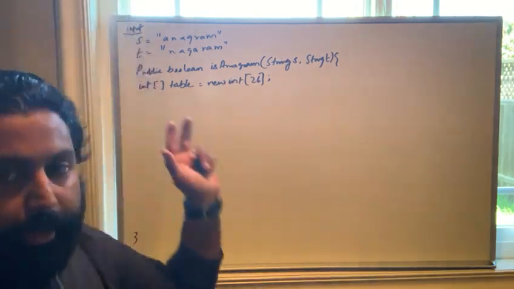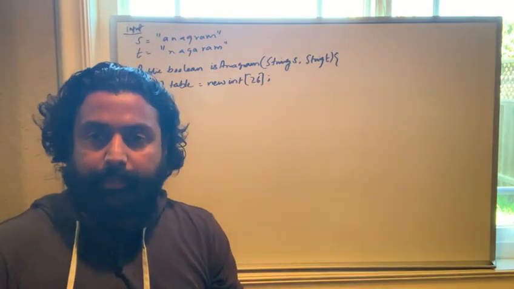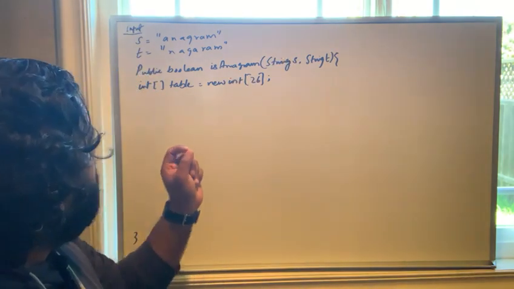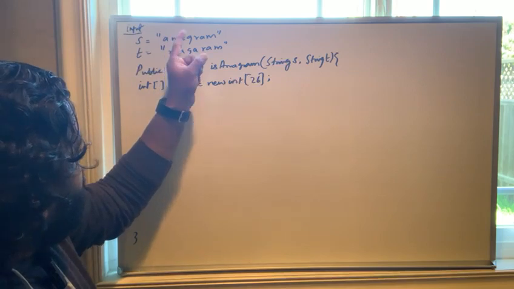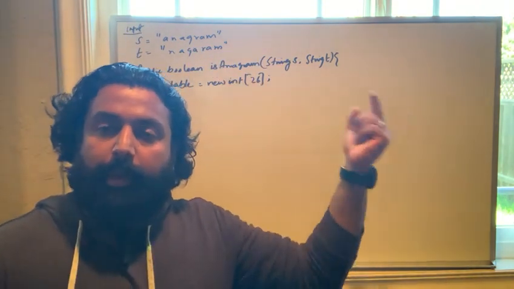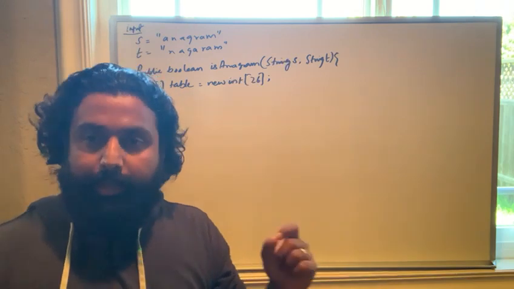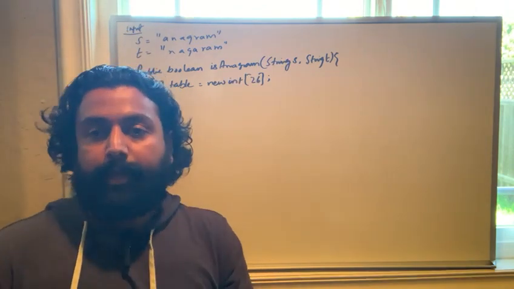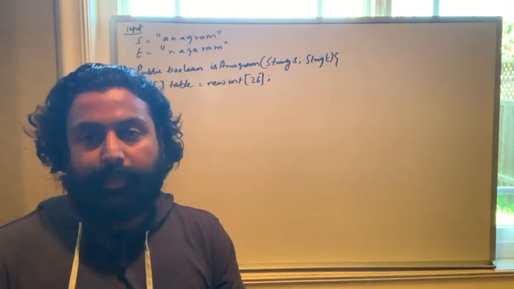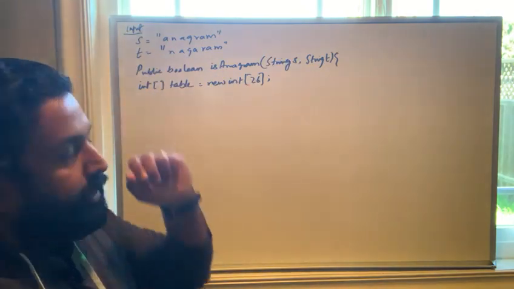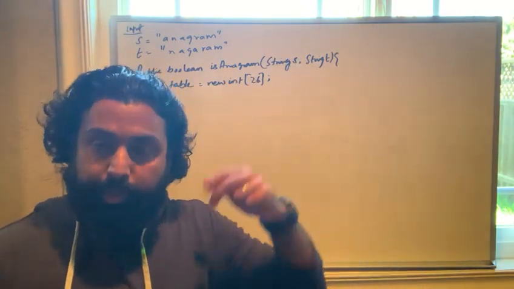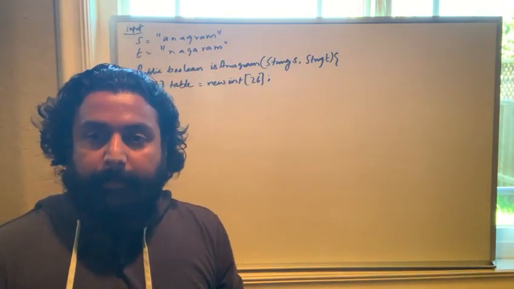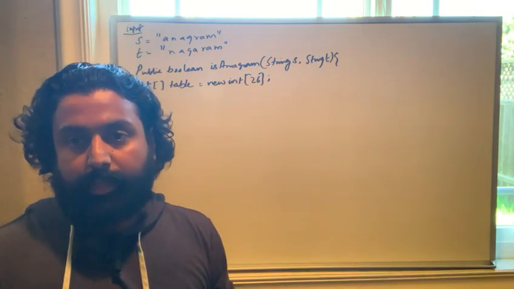So the main idea is we're going to subtract the character in string S from A and increment that index position in the table array, which will be the difference between the ASCII values of A and whatever the letter is in string S. And then we are going to decrement, while we are iterating through T, the value at that specific index in the table.